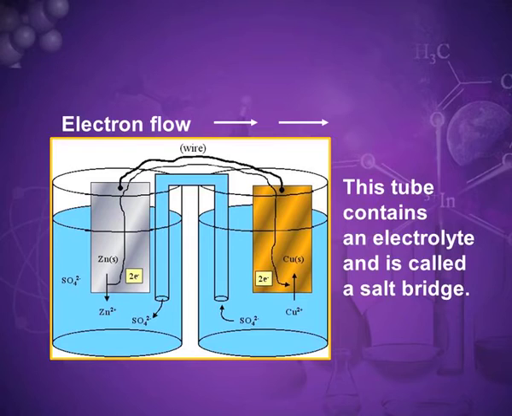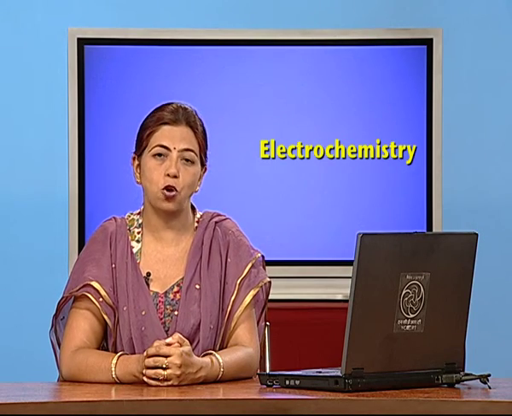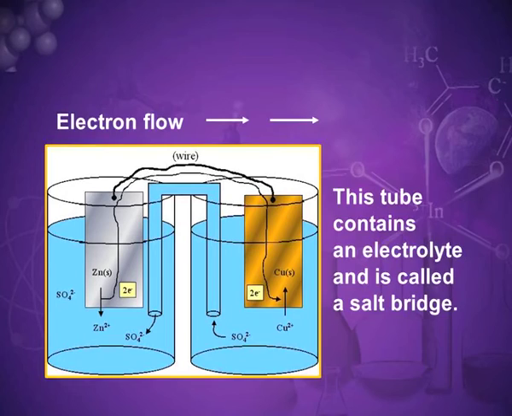In the picture, now you can see that there is an inverted U-tube. The one end of the U-tube is inserted in the zinc half cell and the other end is dipped in the copper half cell. This is a salt bridge. This tube contains an electrolyte and is called a salt bridge.